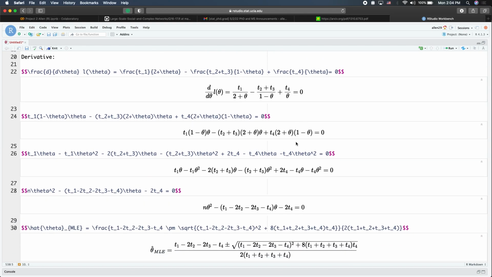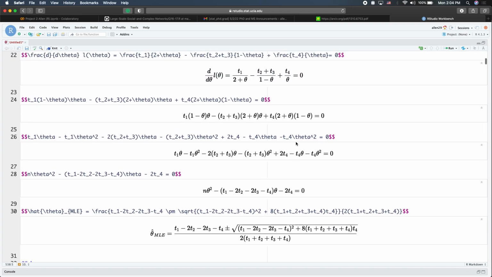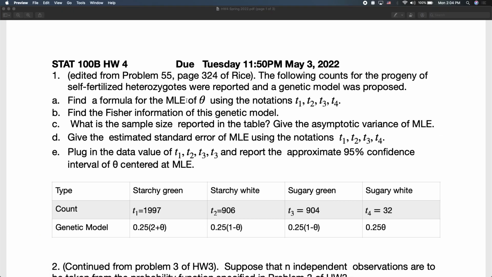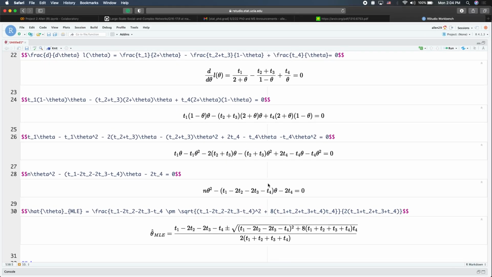Now we just solve for the only unknown: one equation, one unknown. Once we simplify, we have a quadratic equation, and we use the formula to get a closed form solution for theta. Actually there are two solutions, one with plus and one with minus for this part. Since the question gives no constraint on the parameter, we can leave it as this for the solution.